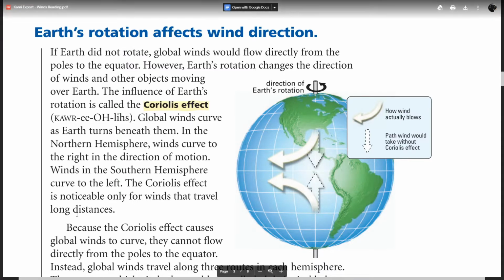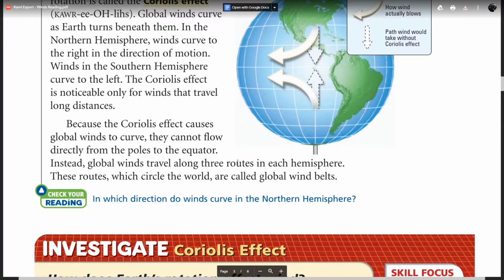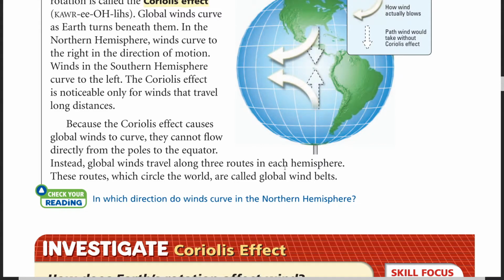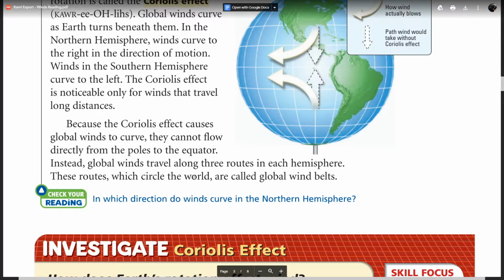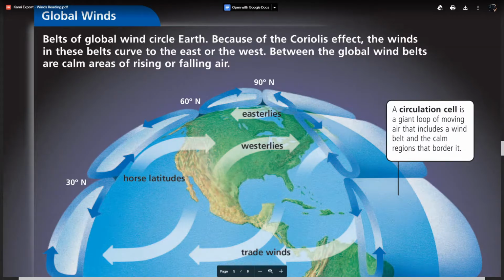The Coriolis effect is noticeable only for winds that travel long distances. Because the Coriolis effect causes global winds to curve, they cannot flow directly from the poles to the equator. Instead, global winds travel along three routes in the hemisphere. These routes, which circle the world, are called global wind belts. Global winds: belts of global wind circle Earth.